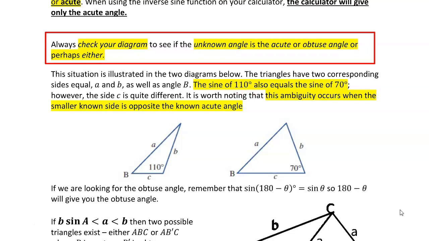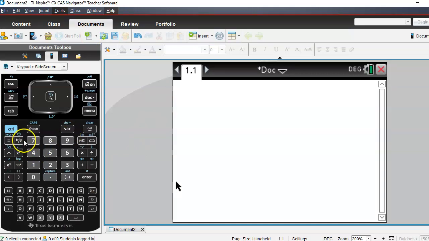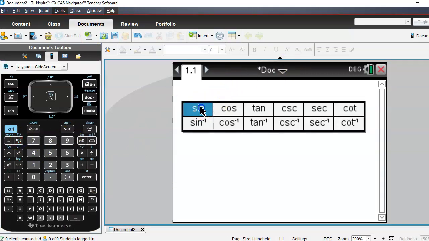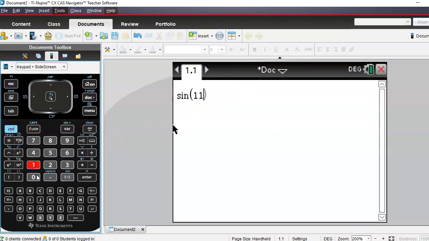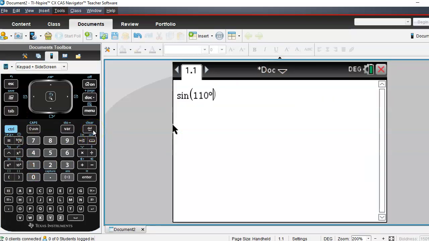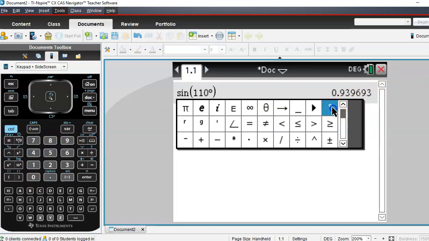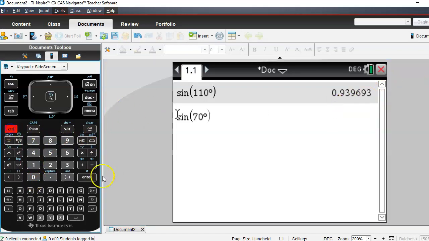So if you go on your calculator, you'll see that sine of 110 degrees, let's bring that up. So sine 110 degrees, Control Enter, is the same as sine 70 degrees, Control Enter.